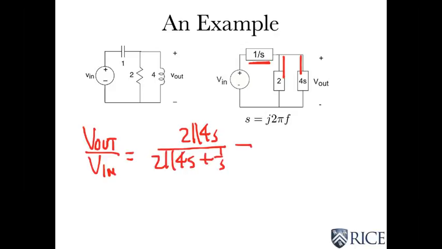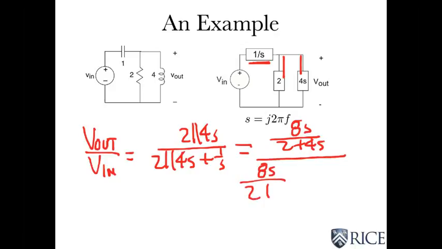Now we multiply everything out. We get 8s over 2 plus 4s, divided by 8s over 2 plus 4s plus 1 over s. Bet you didn't know that electrical engineers have to be very fluent with fractions. This turns out to be one of the things that happens all the time. You can see now why I did not want to write j 2 pi f everywhere, because it's complicated enough as it is. This happens all the time, like I said.